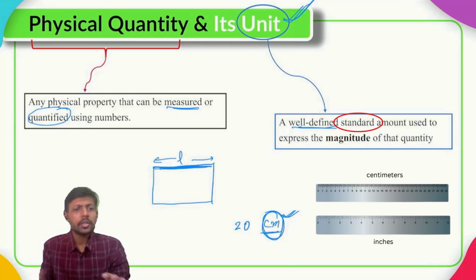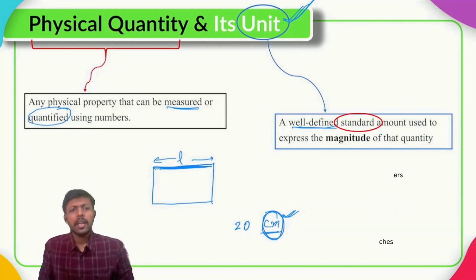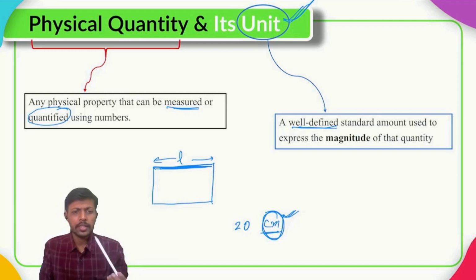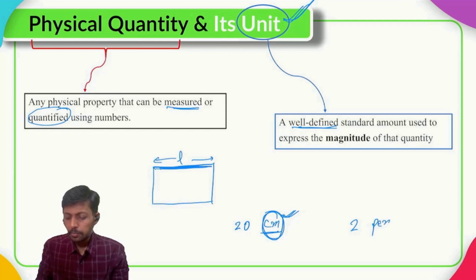Some standard units are centimeters, meters, kilometers for length. Some non-standard units would be, let's say you take this pencil and start measuring the length of the table using this pencil. You'll say the length of the table is, let's say, two pencils. So this is the unit in this case.